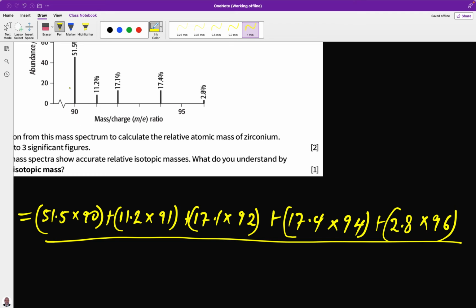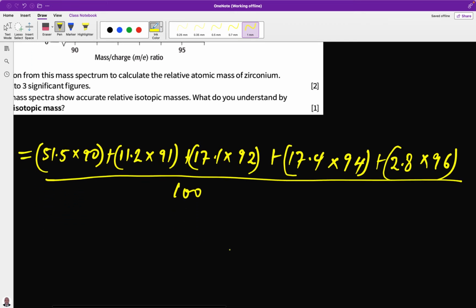So the percentages are 51.5, 11.2, 17.1, 17.4, and 2.8. When we add them all, our total will be 100.